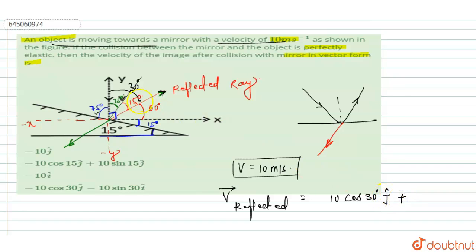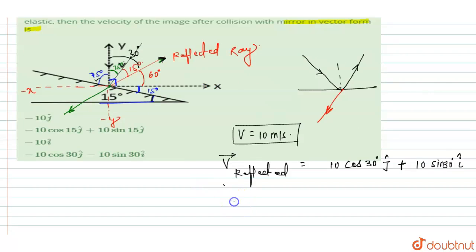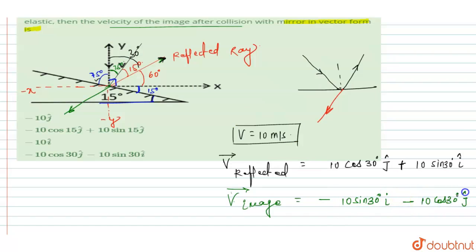plus v sine 30, which is equal to 10 into sine 30 degrees in the i direction. But in the question we have to find the velocity of the image, and the image has x negative and y negative. So the velocity of the image after reflection can be written as minus 10 sine 30 degrees i direction minus 10 cos 30 degrees j direction.